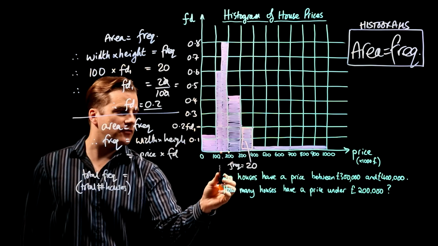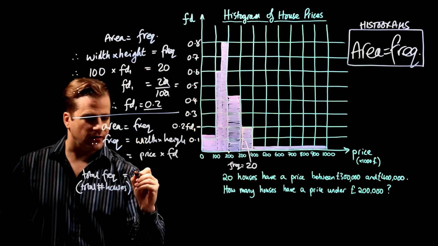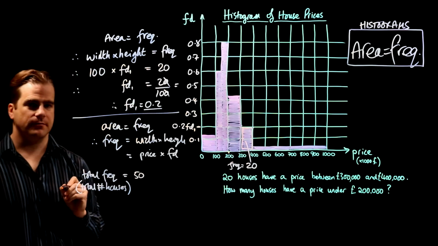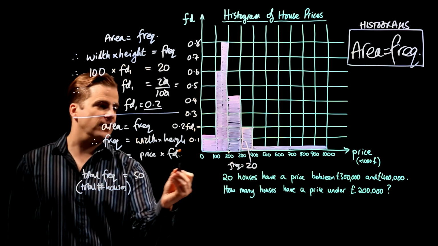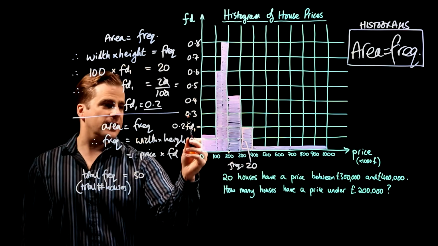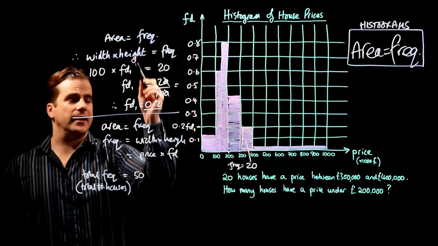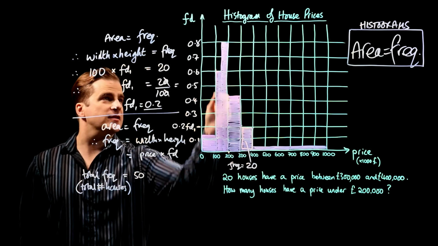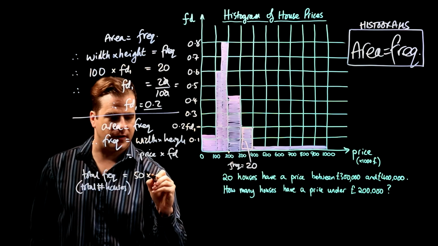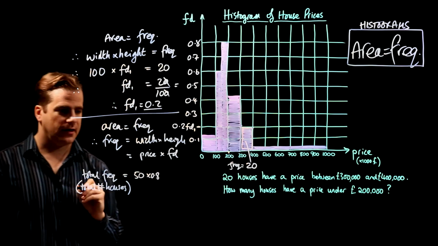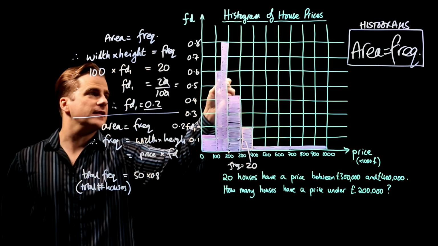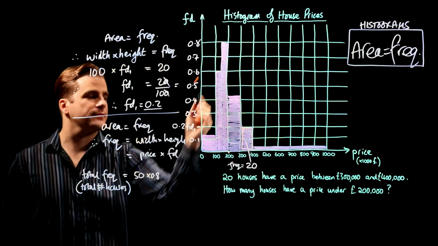Price is from 150 to 200, so that's 50 times frequency density. Well, we know what that is because of the thing we did up here. Frequency density is 0.8, so 50 times 0.8. That's the number of houses in this box here.